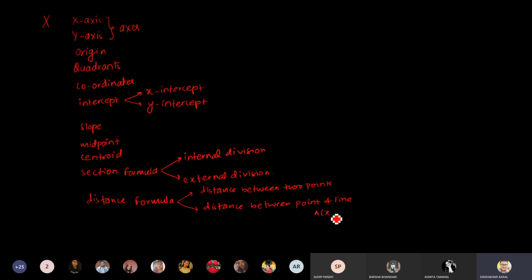Suppose there is a point (x1, y1) and a line ax + by + c = 0. This is the perpendicular distance between point and line, and the distance d is equal to |ax1 + by1 + c| upon the square root of a squared plus b squared.